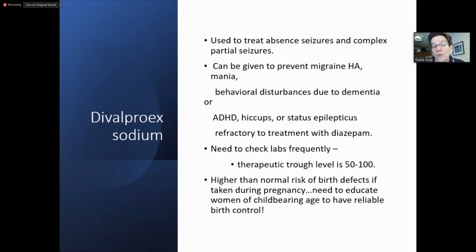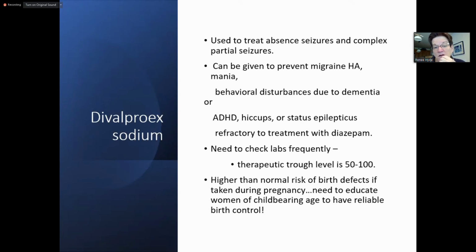Now, valproate or divalproex sodium, we use this to treat absence seizures and complex partial seizures. You've heard about it before because of mania. We can also use it for behavioral disturbances from dementia instead of using antipsychotics.